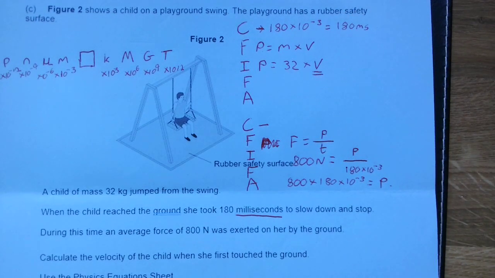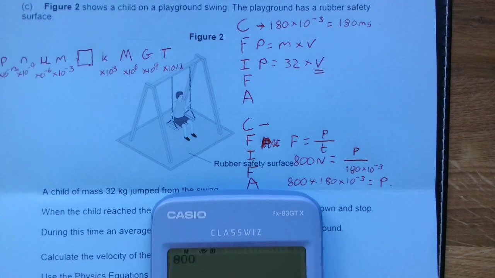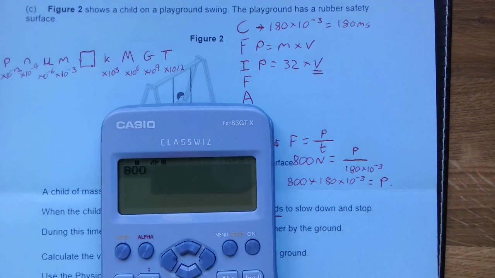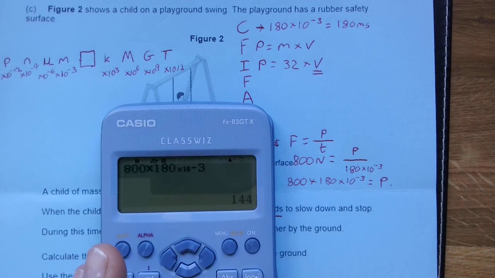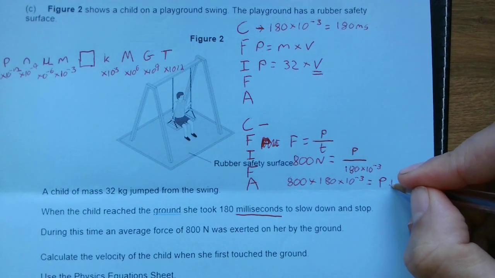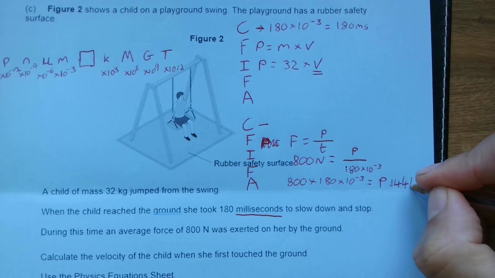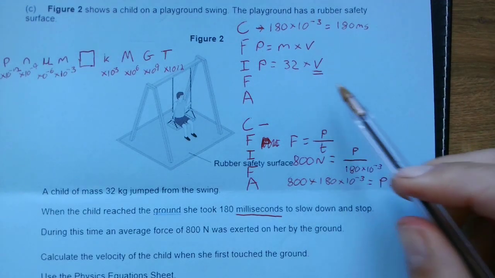So we get our calculator and we do 800 times by 180 times by 10 to the minus 3, and that gives us 144, which is a reassuringly nice number. So our answer is 144 kilograms meters per second. Okay, because that's the momentum we want.